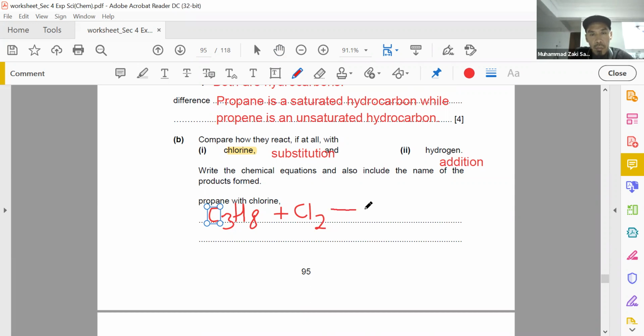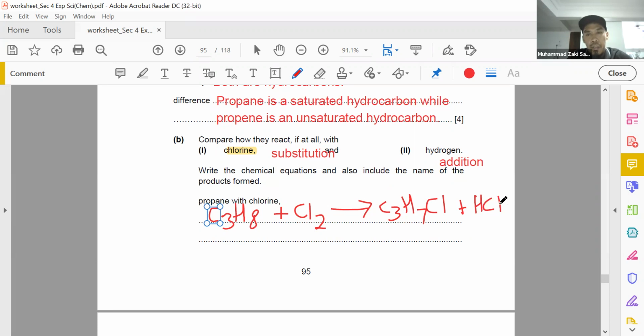Okay, one of the hydrogens gets substituted, so it becomes C3H7Cl. Then the chlorine also, one of the chlorine atoms gets substituted, and you get hydrogen chloride.